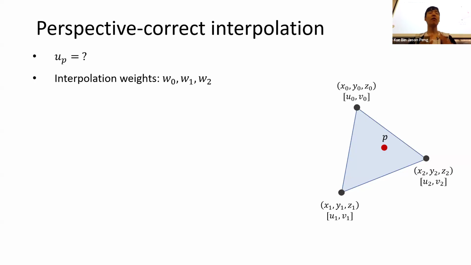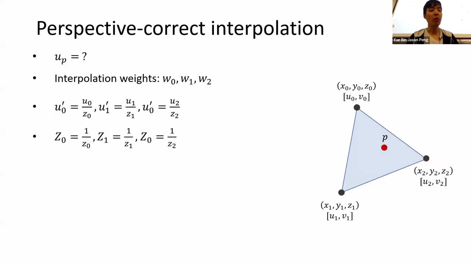The next step is that we calculate the depth projected values for the quantity that we want to interpolate. If we want to interpolate the u coordinate, we take the u coordinate defined at all of the vertices, and we divide it by the depth z.